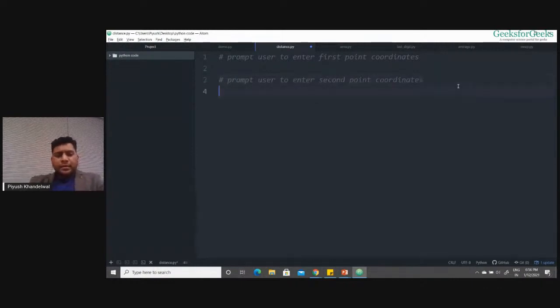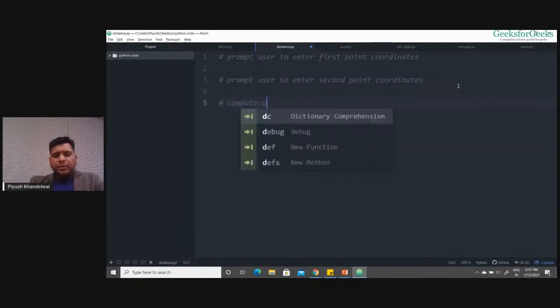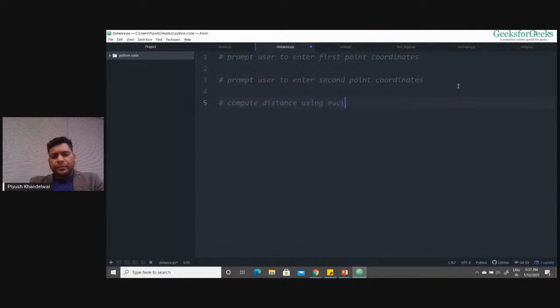After we have the first point coordinates, x1, y1, and x2, y2, we can simply use the formula to compute distance, right? Compute distance using the Euclidean formula. And we need to print the distance, right? These are 4 steps that we need to do.